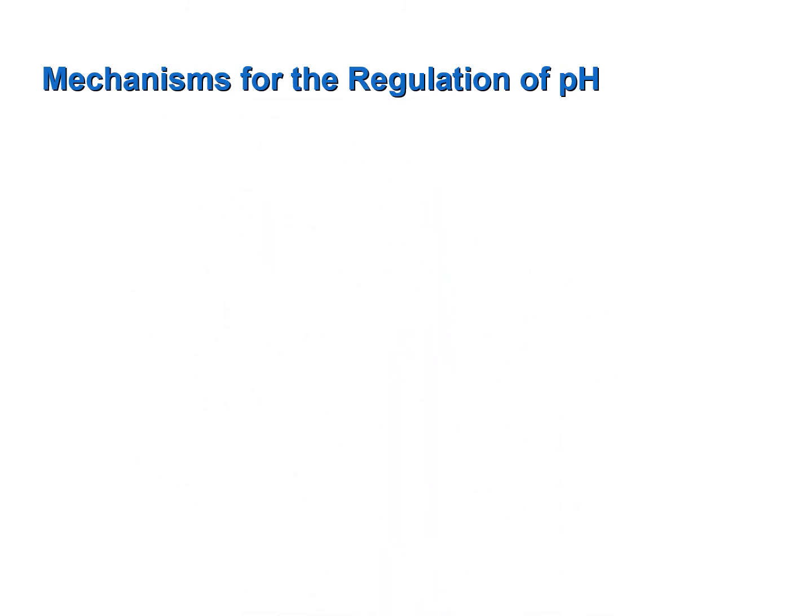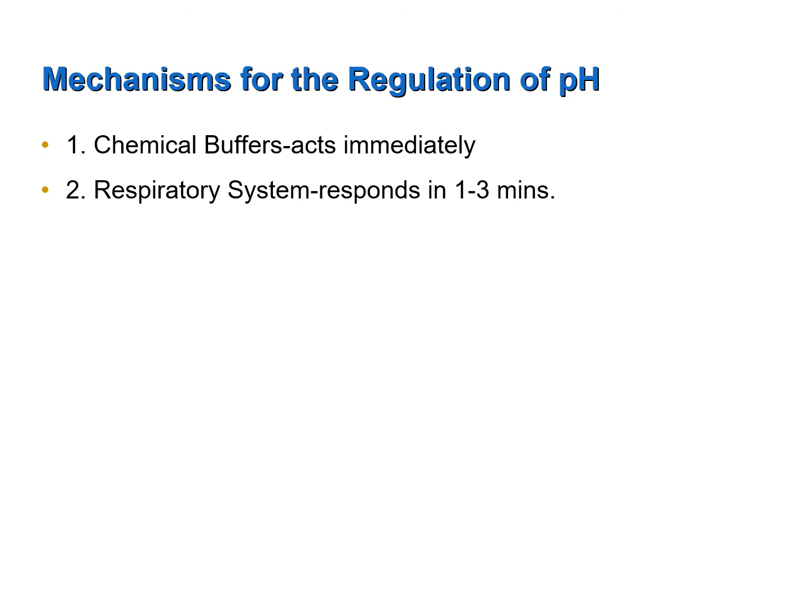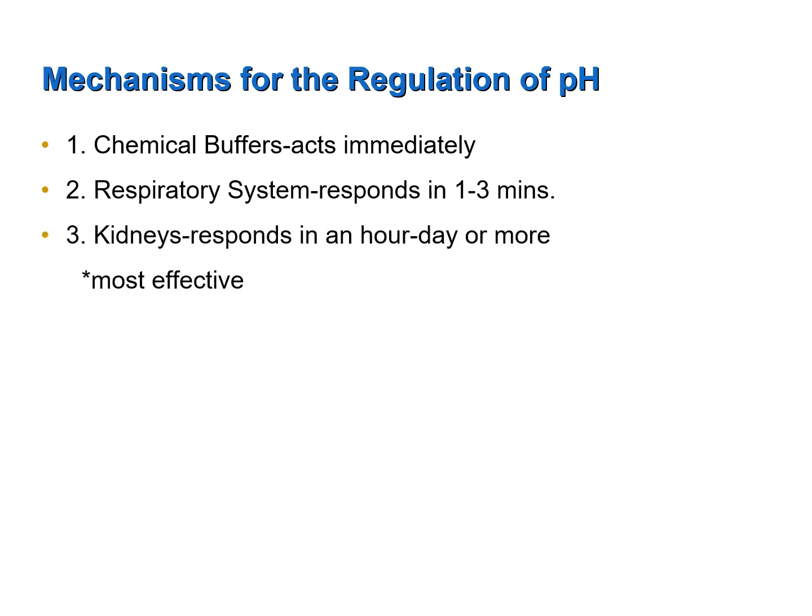Therefore, it should be of no great surprise that the human body has various mechanisms for regulating pH. They are chemical buffers, the respiratory system, and the kidneys or urinary system. I have listed these mechanisms in increasing order of effectiveness or power.